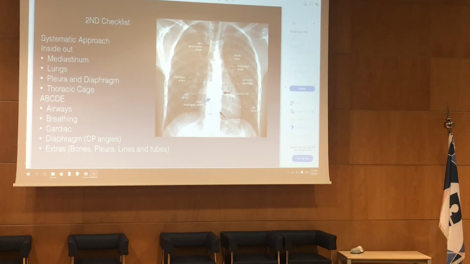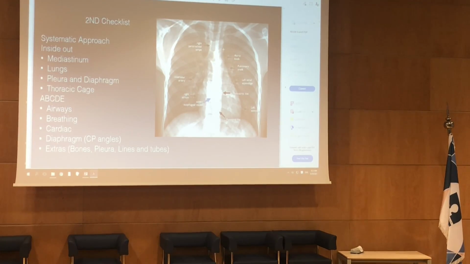And then C is for cardiac. You check the heart, and we'll see here what makes the margin of the heart. So you have here the right margin of the heart formed mainly by the right atrium, okay, and more up by the superior vena cava.